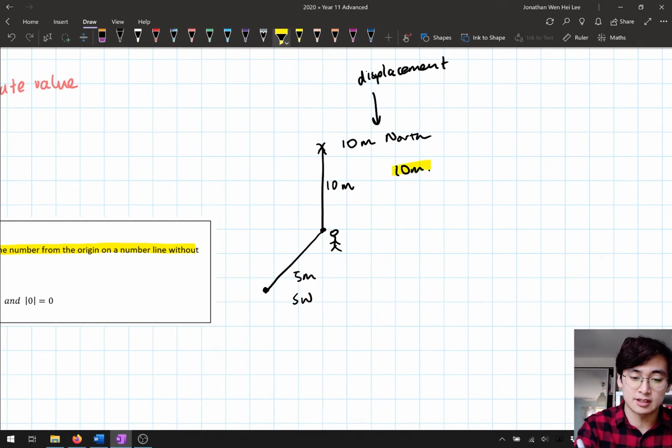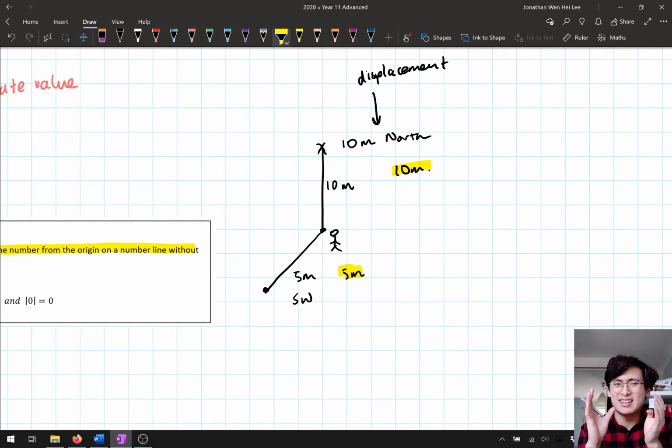So 10 meters is my distance, 5 meters is my distance for this one. And that's what the absolute value does. Absolute value is like taking the distance of a number from the origin. It doesn't worry about whether it's a positive or negative number. It just worries about the size of the distance I've traveled. Which direction I traveled 10 meters doesn't really matter. All that's worried about is how far you've traveled.